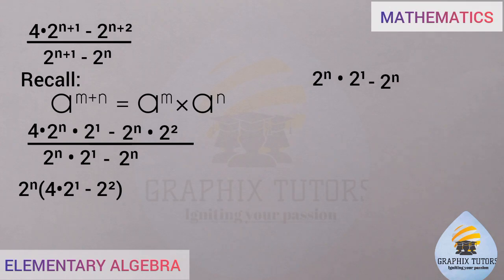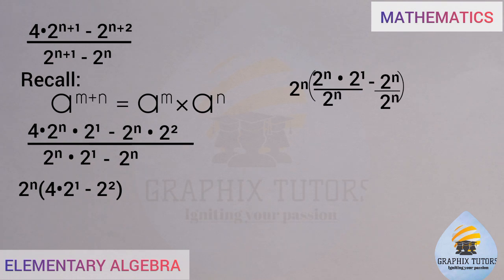So I'm going to bring it out. I will extract it from the equation. Here. So I'll be having 2 to the power of n into bracket 2 to the power of n multiplied by 2 to the power of 1 minus 2 to the power of n. Because I've brought this 2 to the power of n out of the bracket sign, I need to divide both sides by it to balance things up.